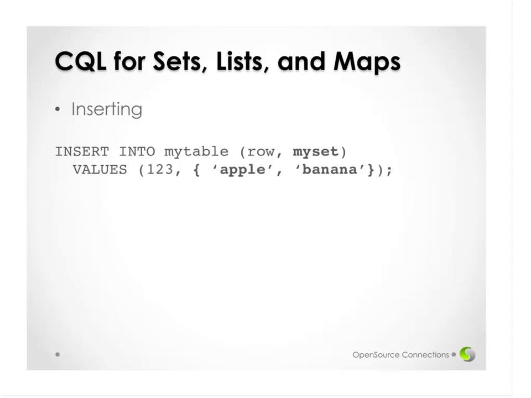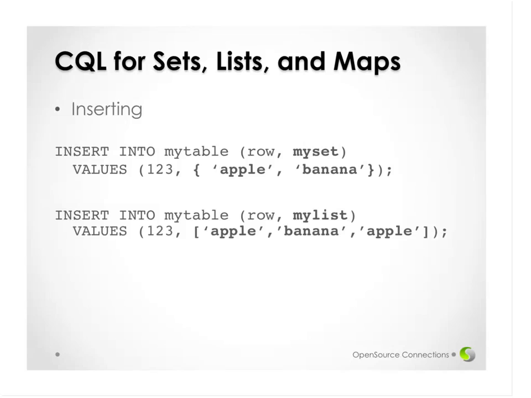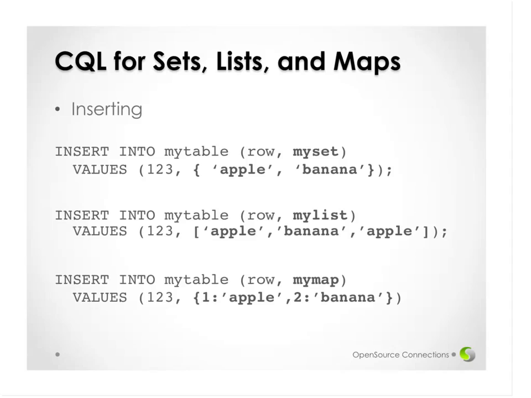All right, sets, lists, and maps have some nice syntax surrounding them. You can insert into a set using curly brackets. You can insert into a list using square brackets. And you can insert into a map using something that looks kind of like JSON. Pretty straightforward, right?